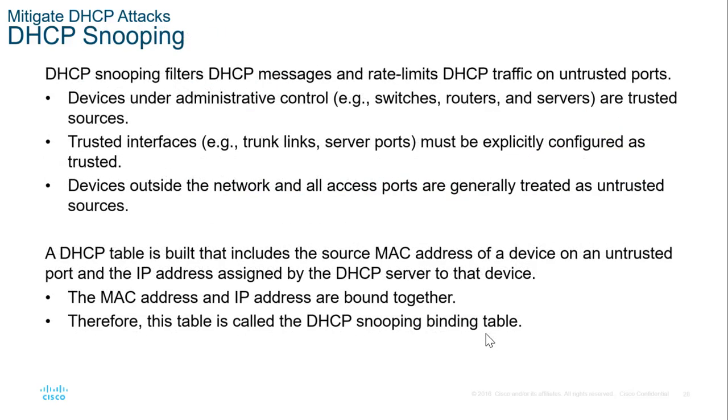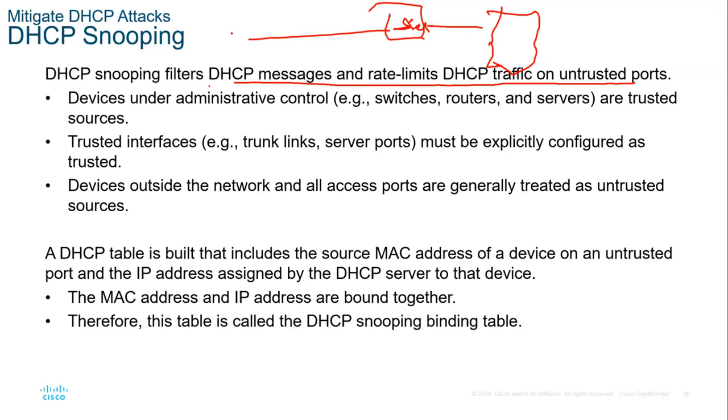I'll show you that DHCP snooping filters DHCP messages and rate limits DHCP traffic on untrusted ports. If you have a switch here connected to a server, an attacker can actually use just a single computer here to starve this server by sending endless requests. Now, when it comes to these other connections to other computers, they are treated as untrusted.